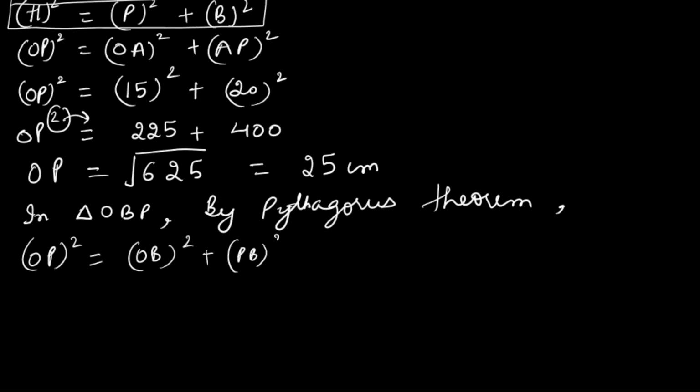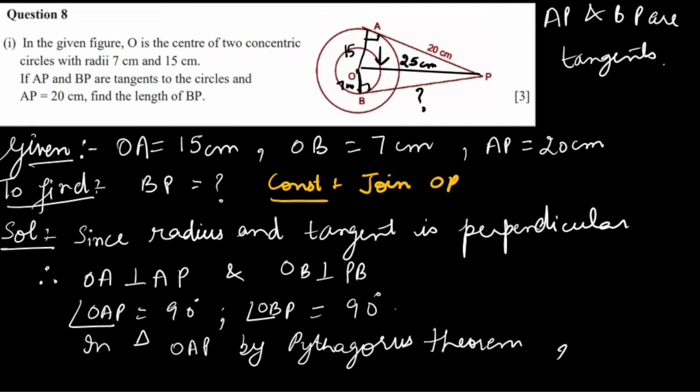The side which is opposite to the right angle is the hypotenuse. Here as well you can see OP is opposite to the right angle. So OP is the hypotenuse here also.